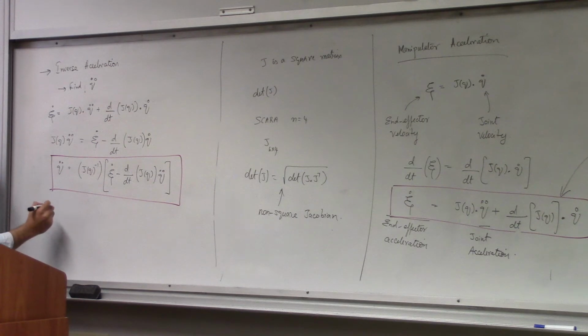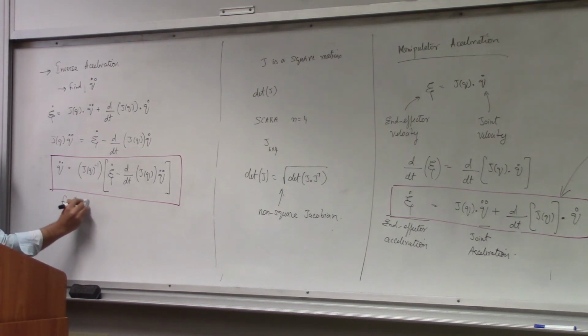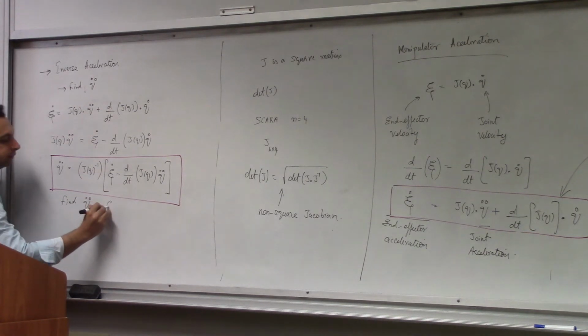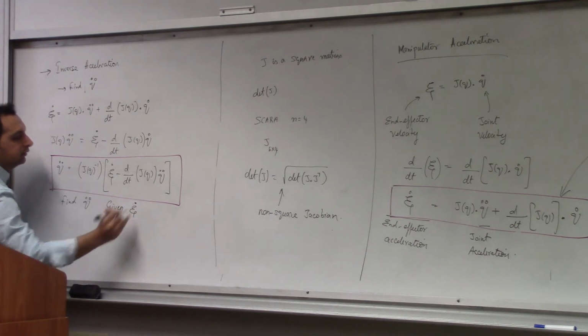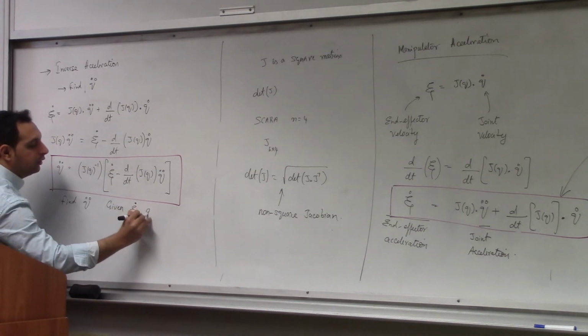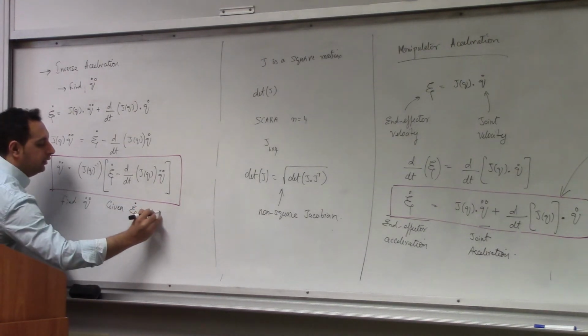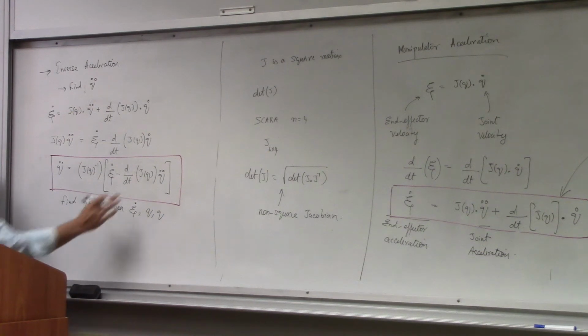So here you need to find q double dot given eta double dot, q and q dot.